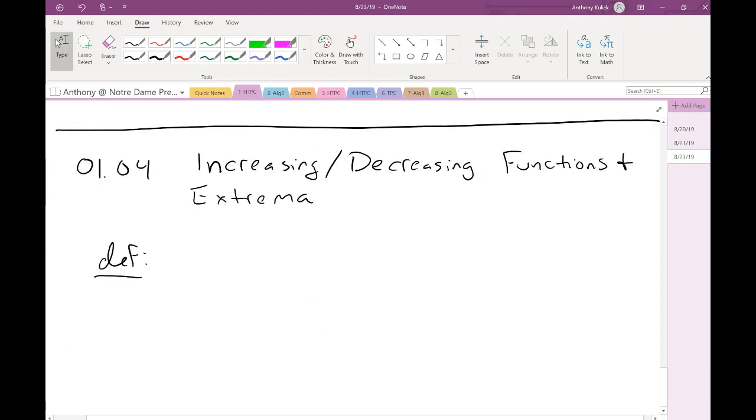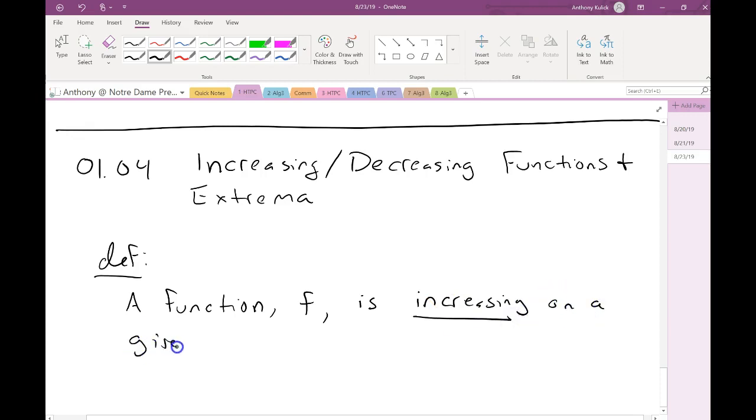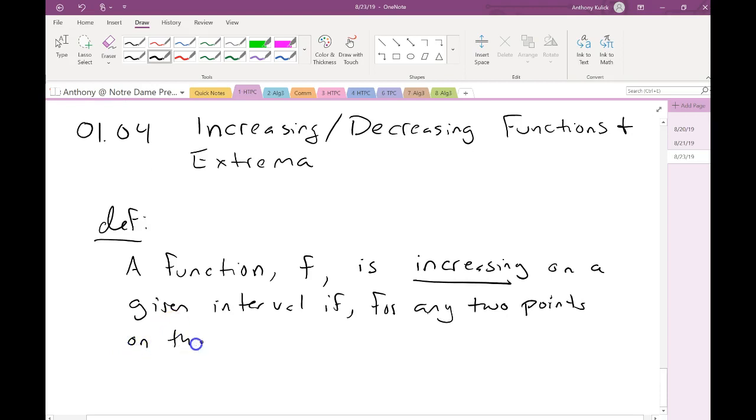We can say that a function is increasing on a given interval if, for any two points on that interval, a positive change in x results in a positive change for f of x.